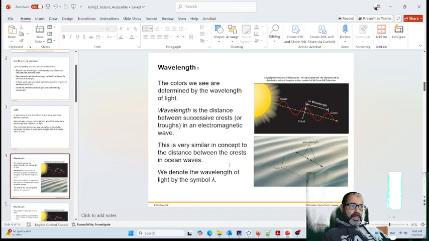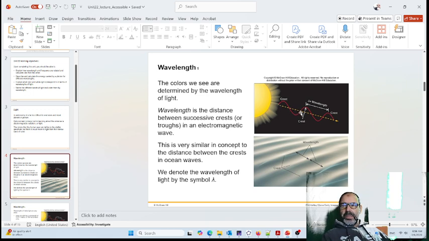They are characterized by two parameters. One of them is a spatial parameter. The extent between a crest and a crest is called the wavelength, or a trough and a trough is also the wavelength, or from a zero to a zero.